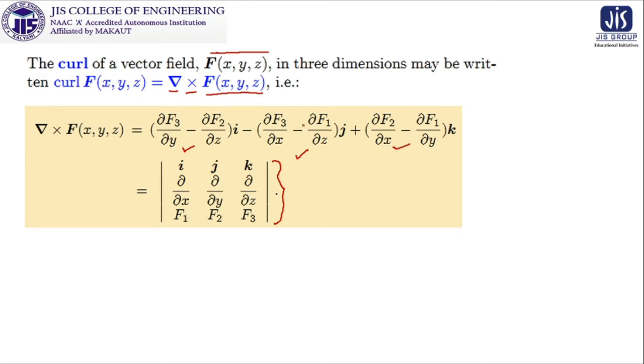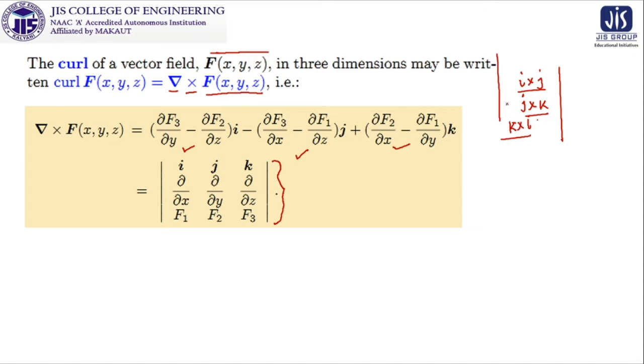So this is the calculational point of view and we can find it in this manner. But again I am emphasizing that we need to use the concept of i cross j, j cross k, k cross i, and the reverse directions also.